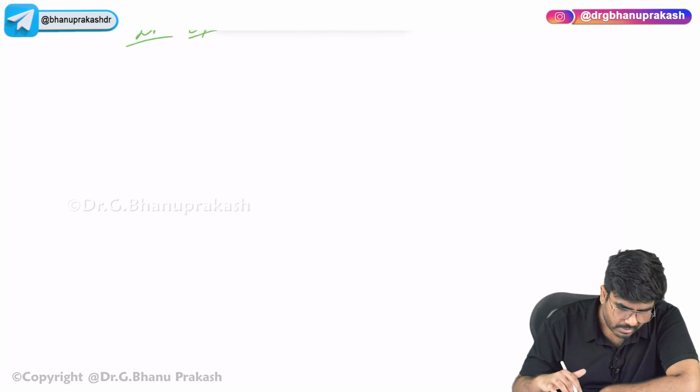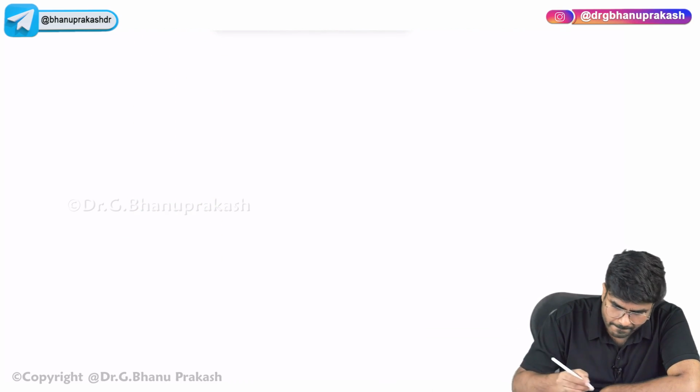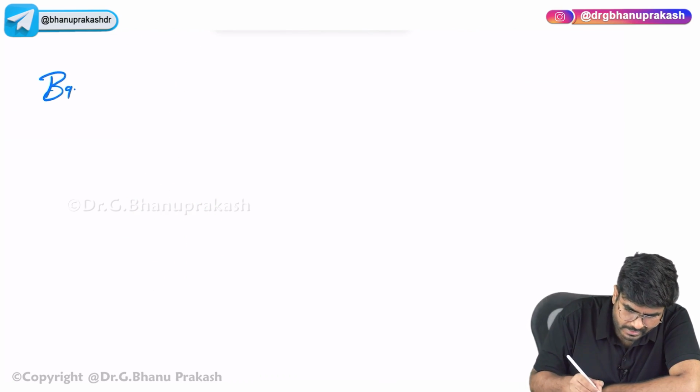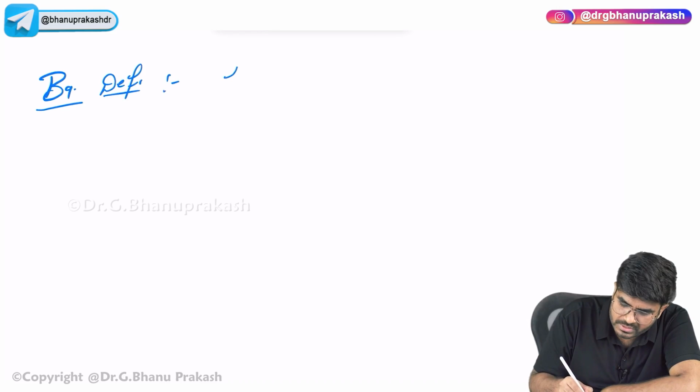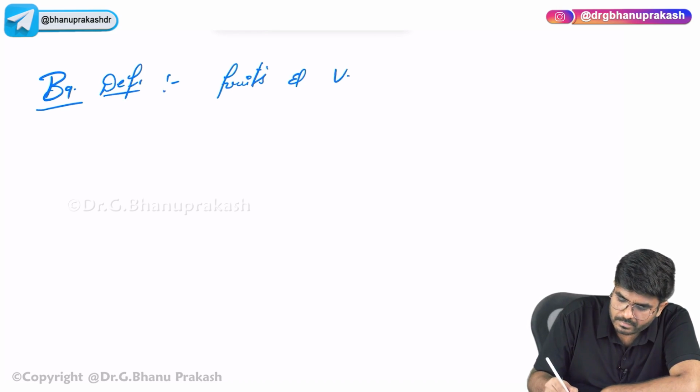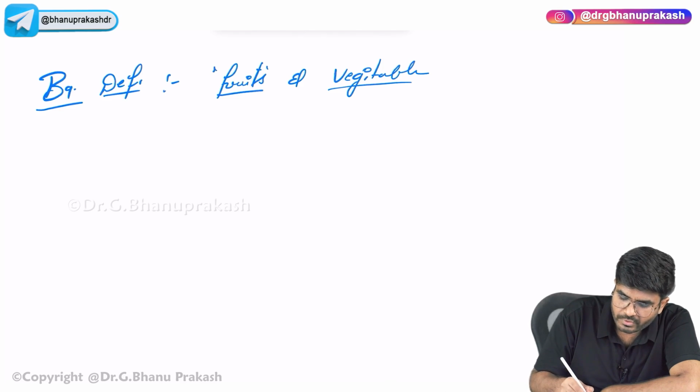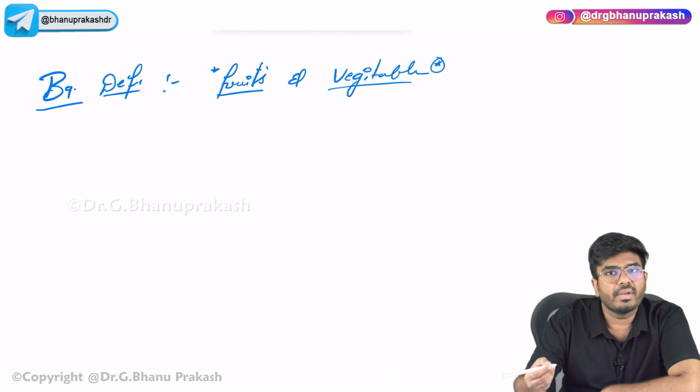Now let's start with B9 deficiency, folate deficiency. From where will you get vitamin B9? You will get it from fruits and vegetables. If you are not taking a proper diet, you will become vitamin B9 deficient.